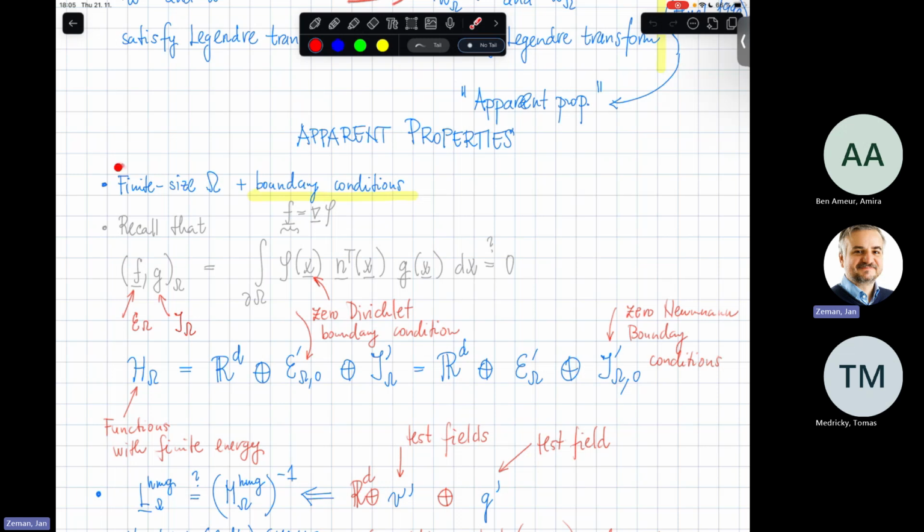So basically, if you go through this averaging based definition of homogenized properties, it turns out, and it doesn't matter whether you take this PD approach or variational approach, that in order to work with finite size bodies, you also need to take into consideration the boundary conditions.